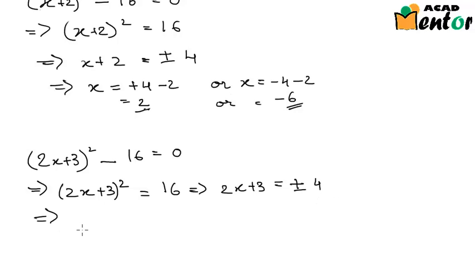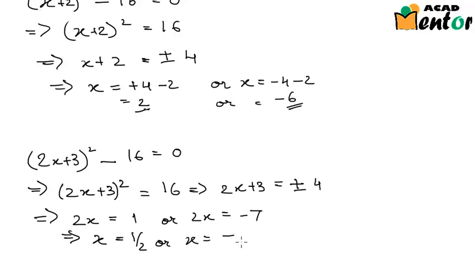This would give us 2x is equal to plus 4 minus 3, that is 1, or 2x is equal to negative 4 minus 3 equal to negative 7, which gives us x is equal to 1 by 2 or x is equal to negative 7 by 2.